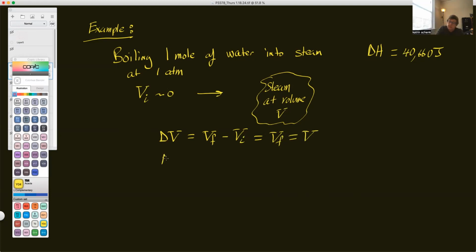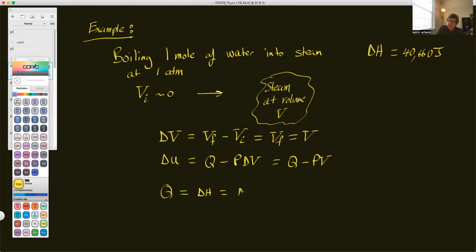And what about delta U? Okay, delta U is Q minus P delta V. Okay, so that's Q minus PV. And the enthalpy Q is also delta H, which remember H is U plus PV.